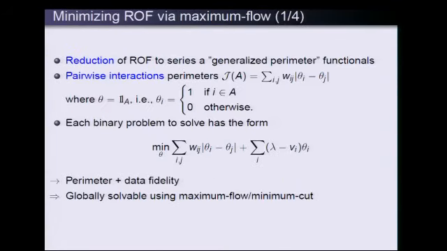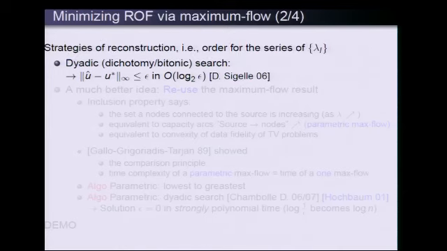So how can you minimize a perimeter problem? Well, this is what I just described before, because the perimeter will be this term, which is exactly good. Then you have a linear term here, so it's perimeter plus separable data fidelity, so you use what we described before. So you know how to reconstruct the level set. So now the question is, what is the strategy, in which order you should reconstruct the level sets of your function?